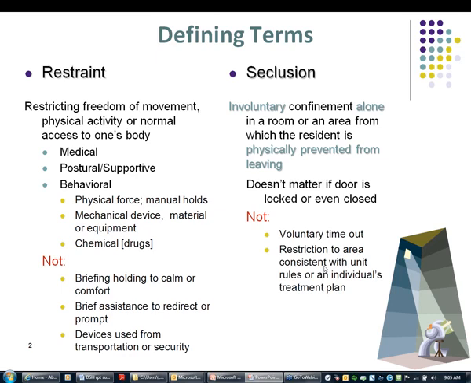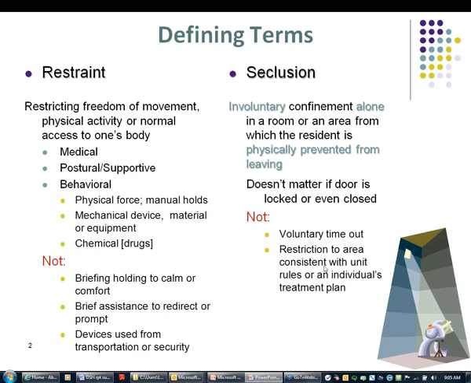In psychiatric settings, we often hear these as takedowns when a person is taken down to the floor, but it could be that an individual, for example, is gouging their eyes out, and someone holds their arm to stop them from reaching to their eyes. That would be considered a physical restraint.